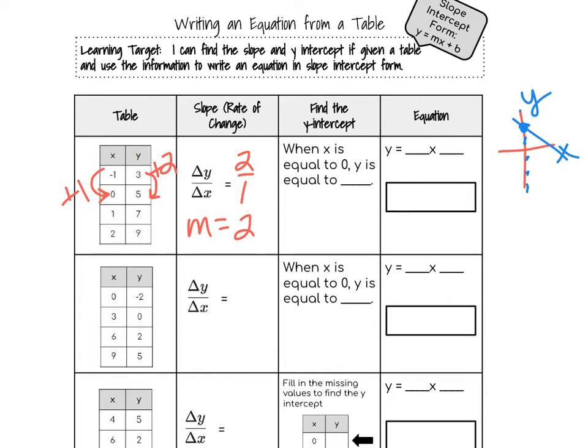So I look at my table and look, it's right there. So when x is 0, y is 5. So then I'm just going to plug that in here. Then you're going to write your equation, y equals 2x plus 5.